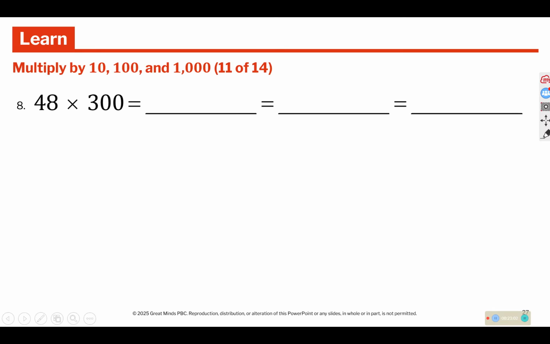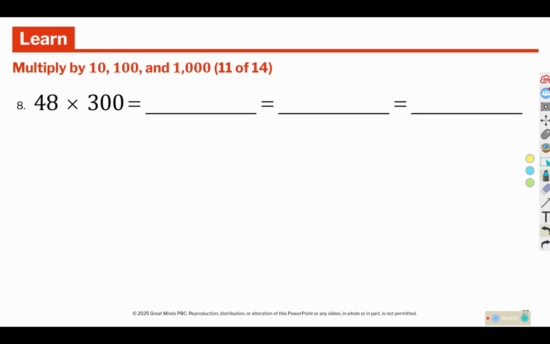How would we do this one? Try and break apart 300 into tens. How can the last problem help us solve this one?